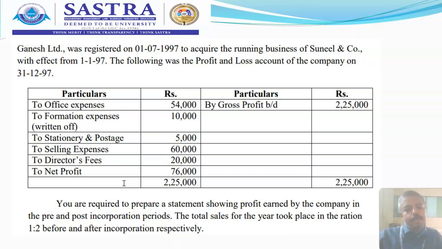Details, basis, total, amount for pre-incorporation, and the last column, amount for post-incorporation. So now I request you to take the expenses one by one from the profit and loss account debit side. So what are the expenses we have?